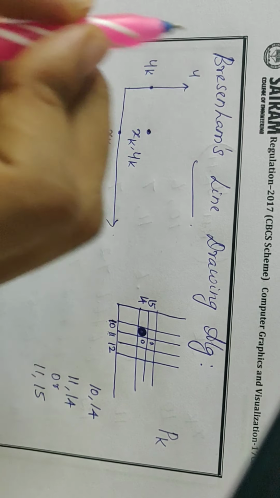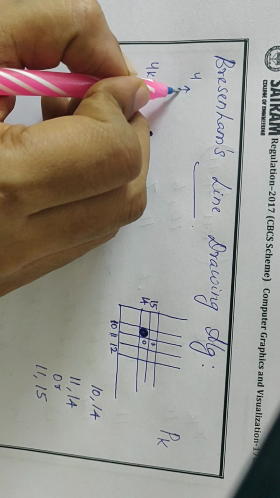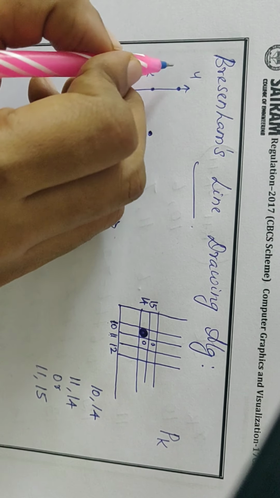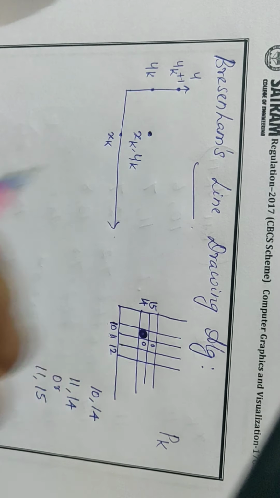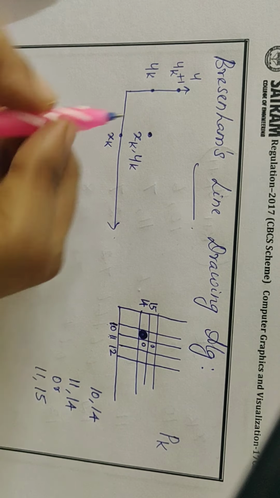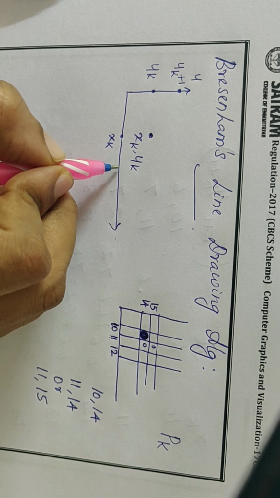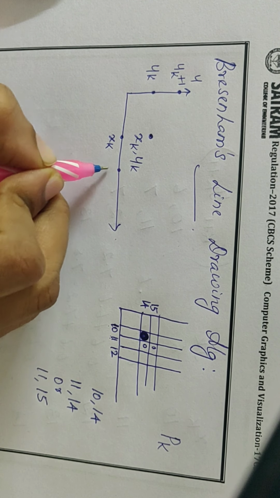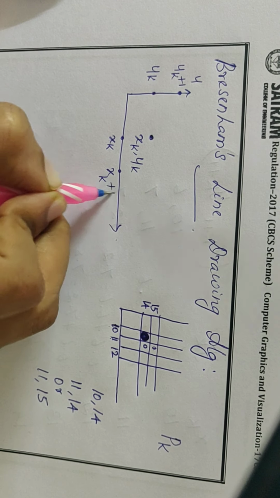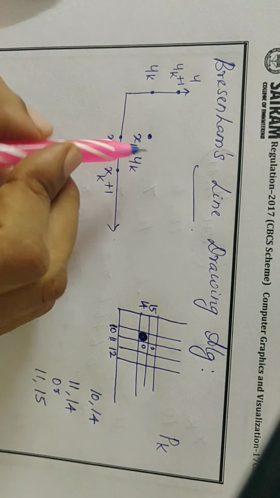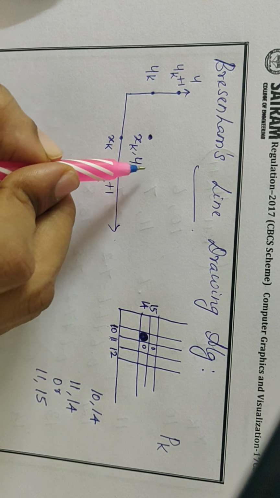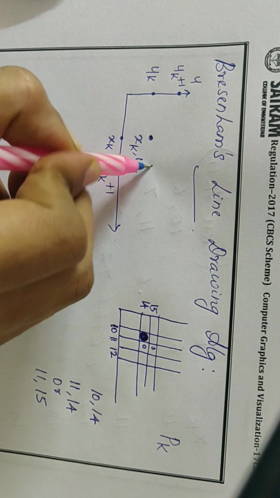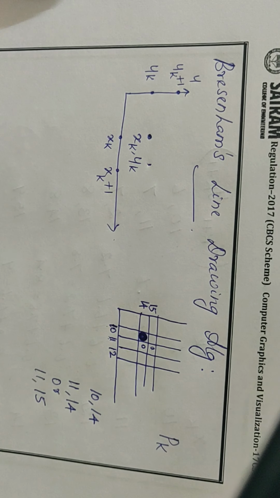So the next x value will be xk plus 1. The current pixel position, next pixel position, definitely x will be incremented by 1.